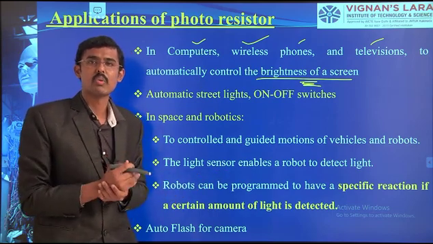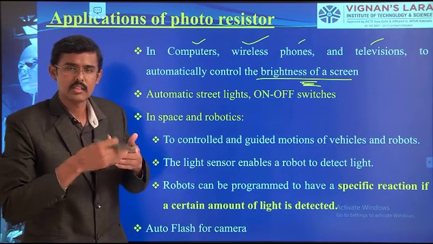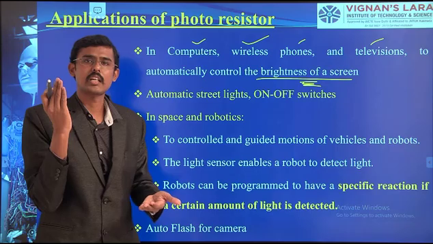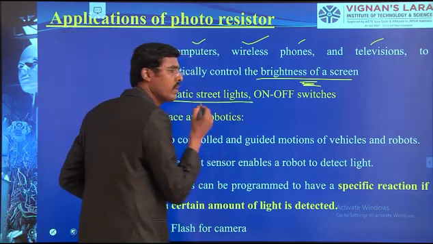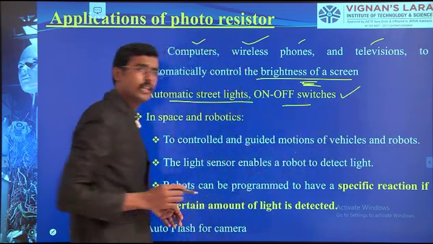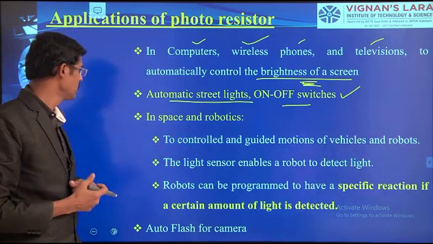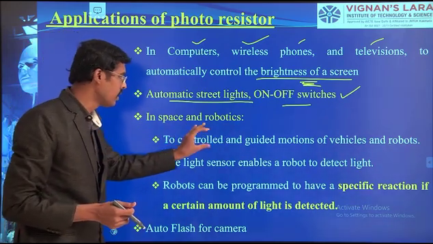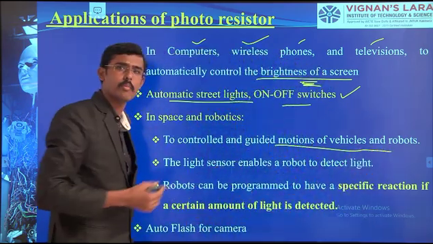Automatic screen and brightness controls are available. Then when it disconnects, it is used as a switch. Automatic street lights are the example we have taken, with on-off switches. In robotics, we use them to control and guide the motion of the vehicles.